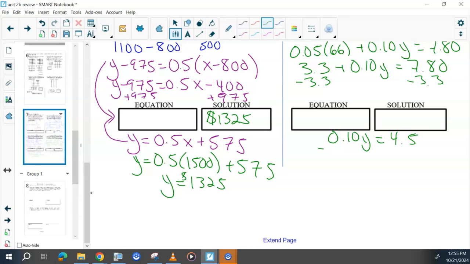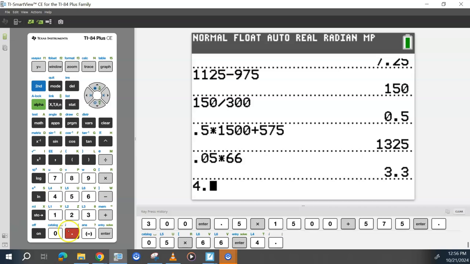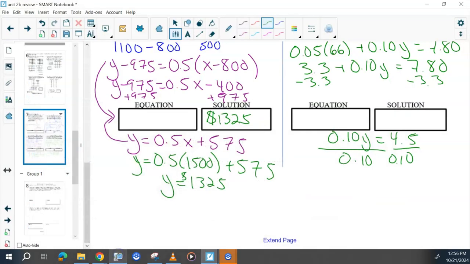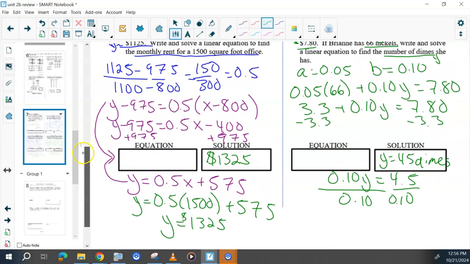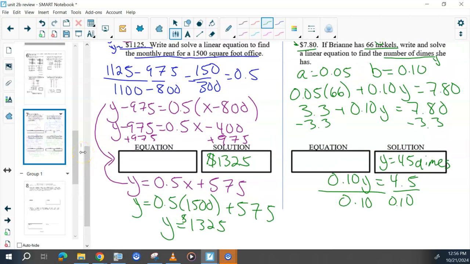And then divide by that 0.10, not 10. To get 45. So your equation would have been what we started with, and then the solution would be your number of dimes, 45 dimes.